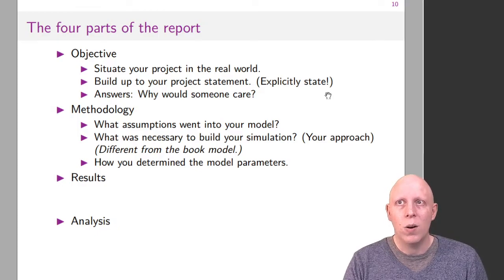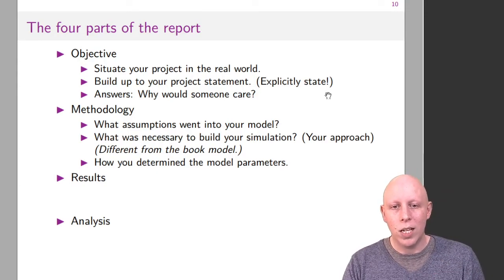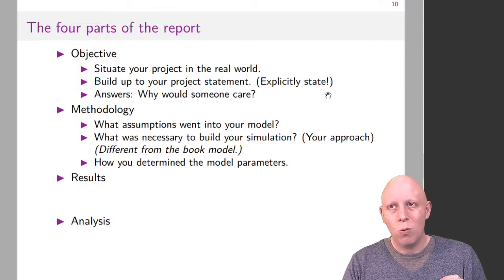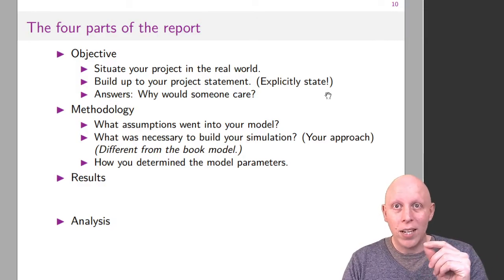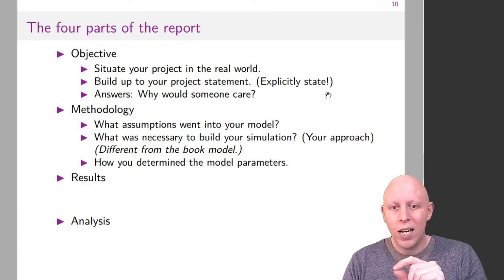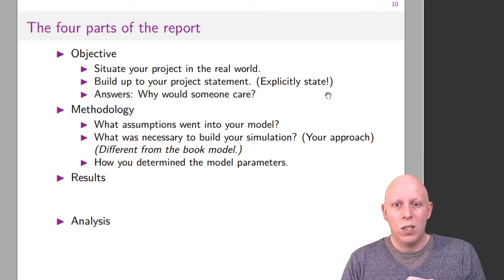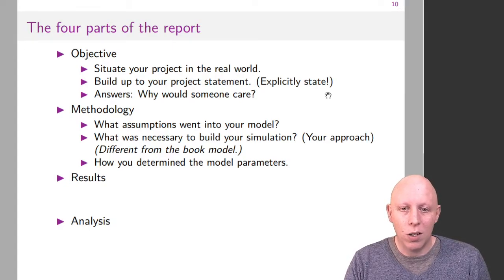And along the way, one decision that everybody is going to have to make is, what are the parameters about how likely a bike or a car or a scooter goes from place A to place B and back. You should talk about how you came up with what those parameters are.